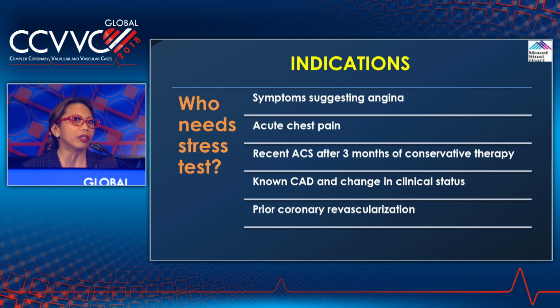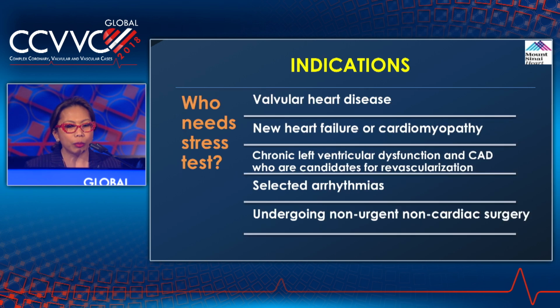Guidelines have shown that even if the patient is asymptomatic, you should do one stress test if the patient had a bypass within the past 2 years, and after 5 years, you still have to do one stress test, even if your patient is asymptomatic. Also valvular heart disease, and if your patients develop new heart failure or cardiomyopathy.